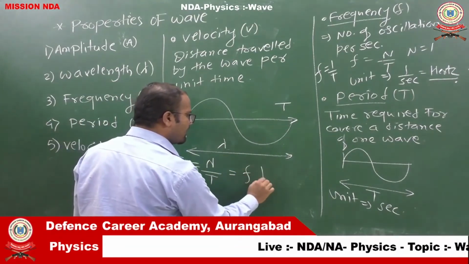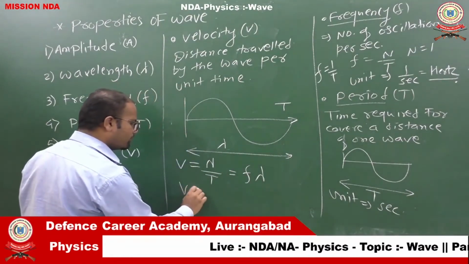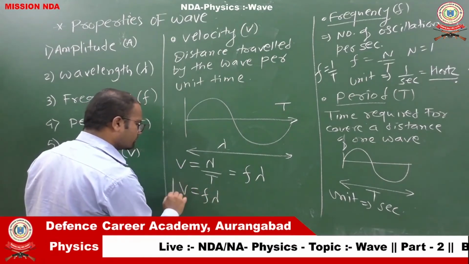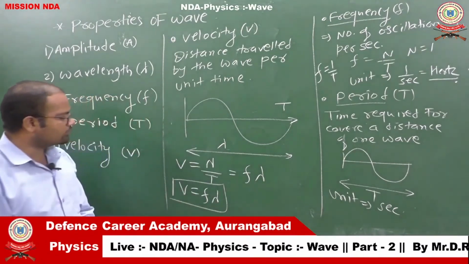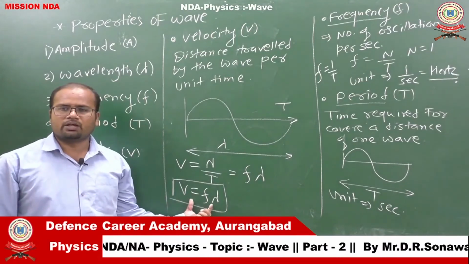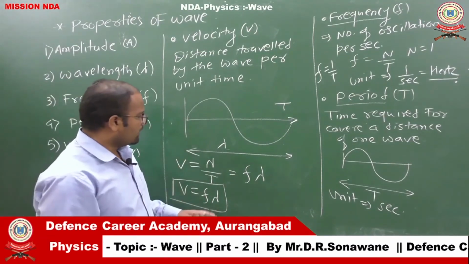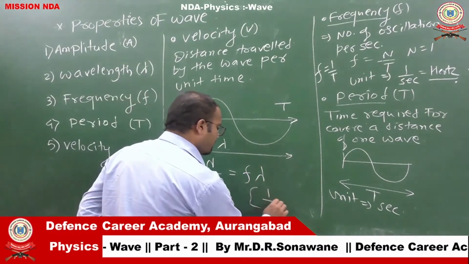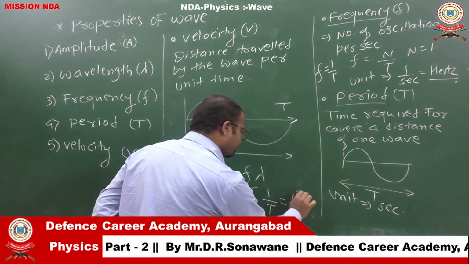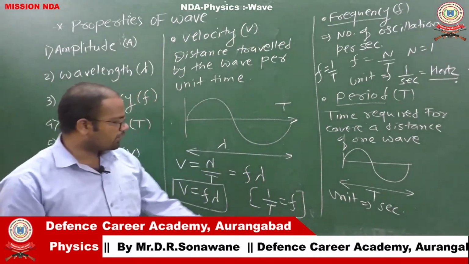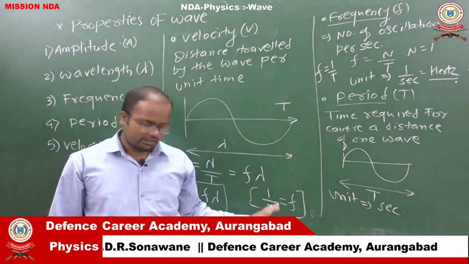So f into lambda is also the formula for velocity of the wave. So v equals f into lambda. This expression comes from the properties of the wave. Here 1 by T is written as f, right? So frequency is the reciprocal of time period.